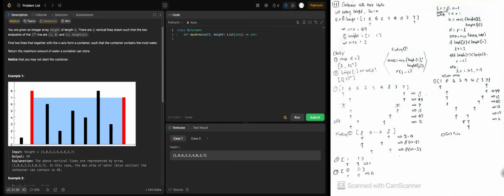Okay, and then the distance is right minus left, and then the area equals the maximum of area, comma h times d.